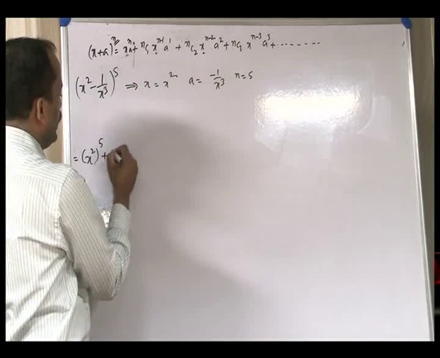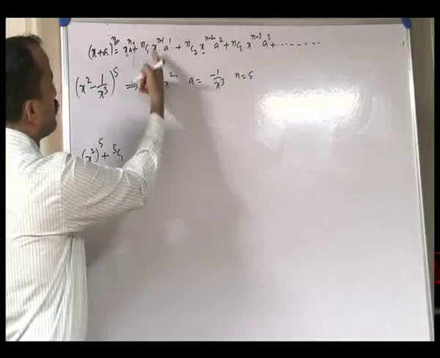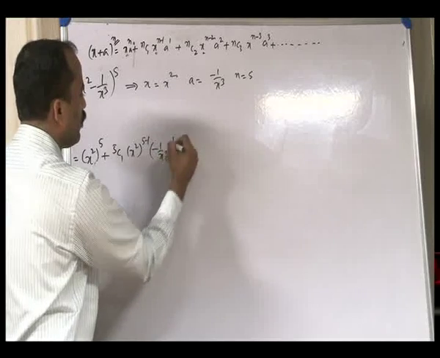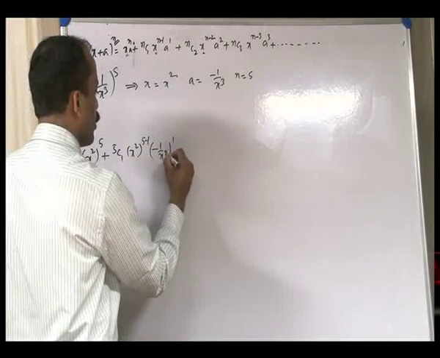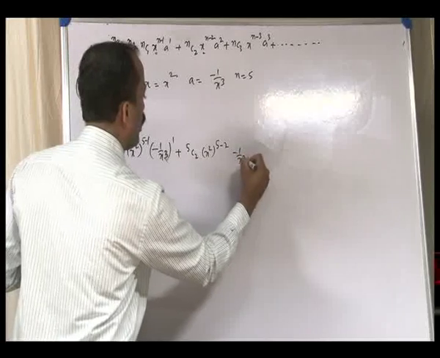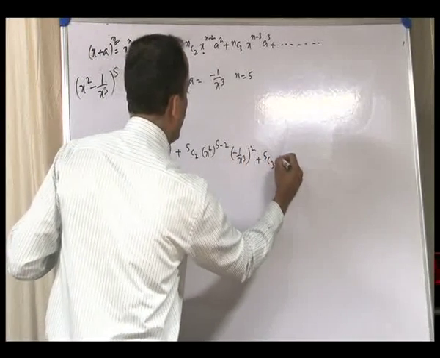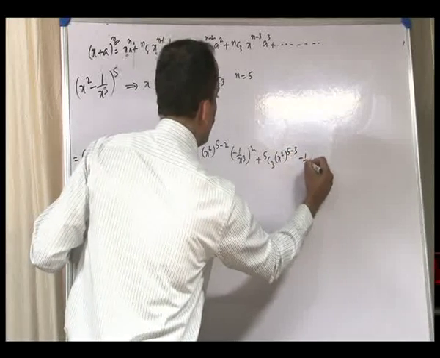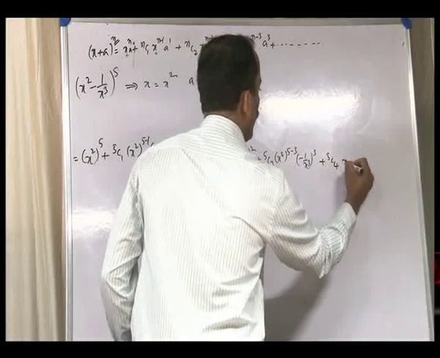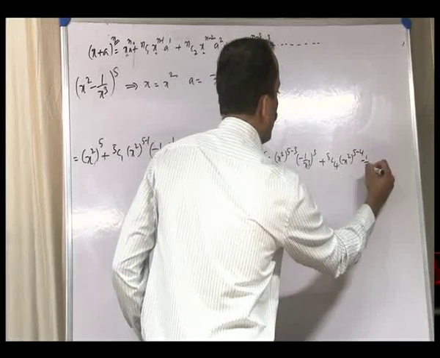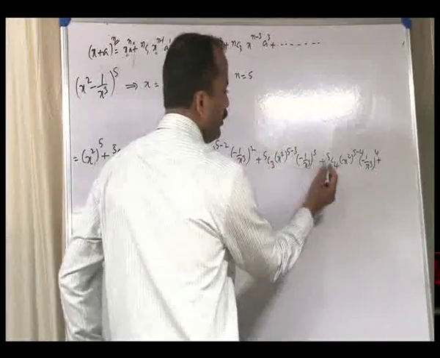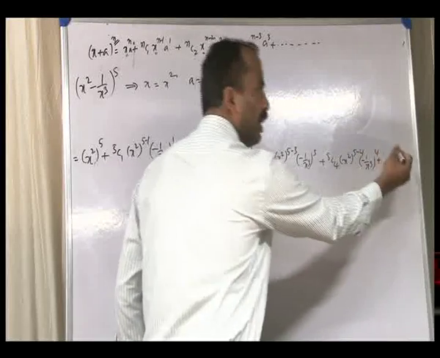Next, plus 5c1 into x squared to the power of 5 minus 1 into minus 1 over x cube to the power of 1, plus 5c2 into x squared to the power of 5 minus 2 into minus 1 over x cube to the power of 2, plus 5c3 x squared to the power of 5 minus 3 into minus 1 over x cube to the power of 3, plus 5c4 x squared to the power of 5 minus 4 into minus 1 over x cube to the power of 4, plus the last term is 5c5, whose value is 1, x squared to the power of 5 minus 5, that is also 1.